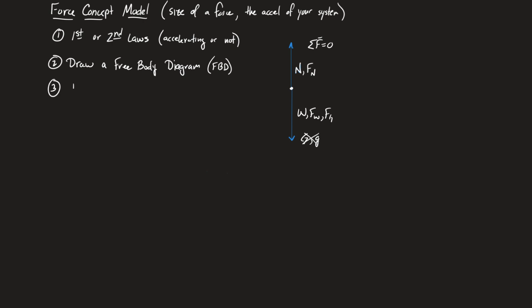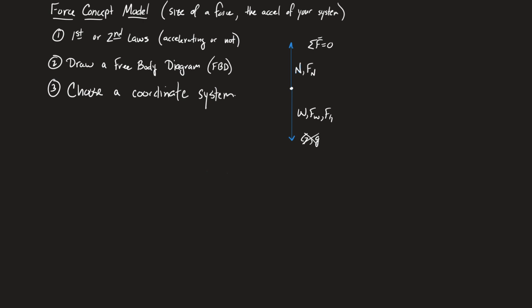You have to choose a coordinate system. You're going to superimpose a coordinate system over the top of your diagram. This is basically you choosing what direction you're going to call X and what direction you're going to call Y.